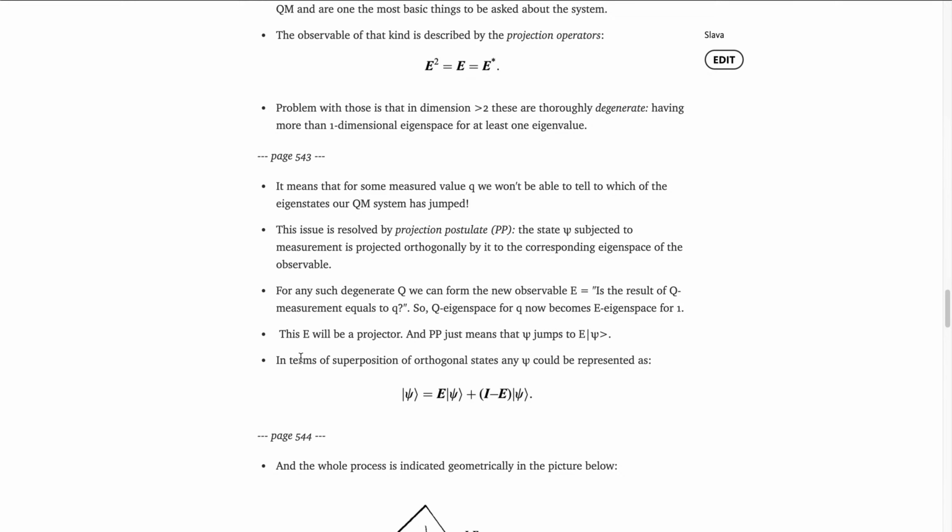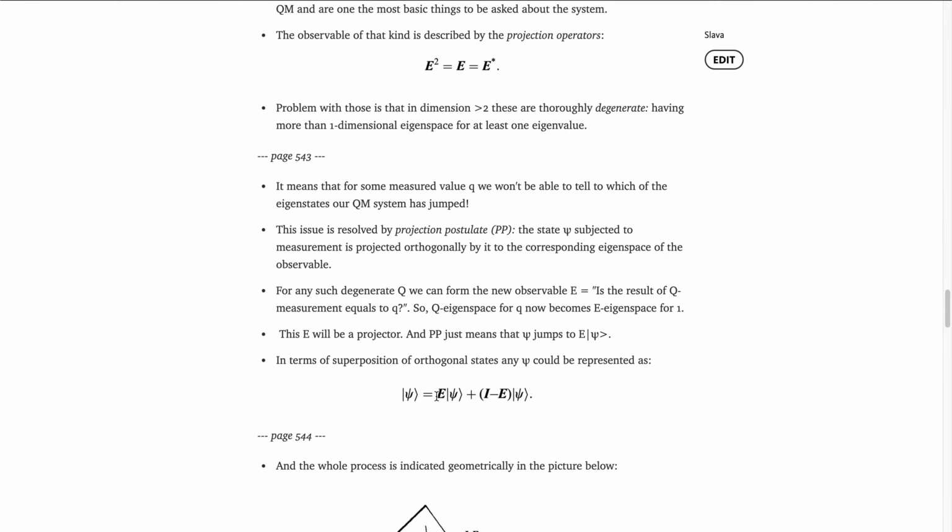And we can also divide the whole space of the resulting wave functions into two, by using the other operator, which equals I minus E here, and therefore we can describe our original wave function as the superposition of two orthogonal states, and they will be E psi and (I minus E) psi.